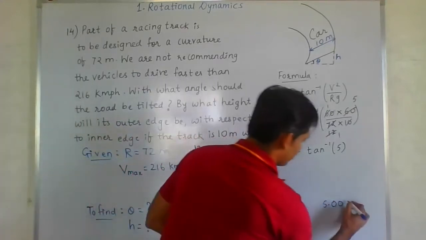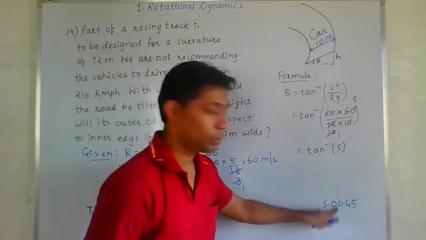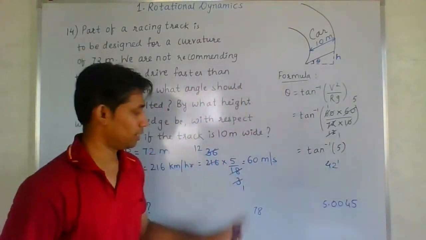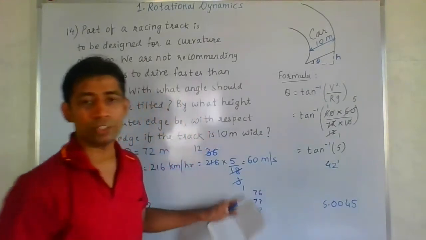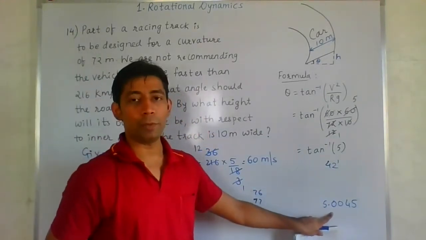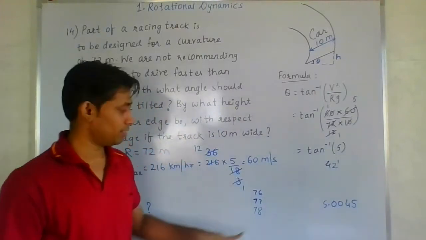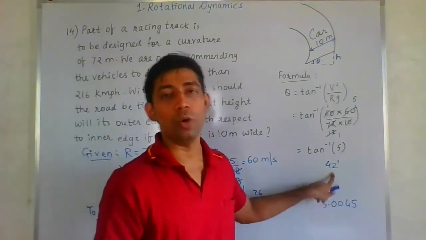To be specific, you will get 5.0045. Now from here, if you go to the top, it will say 42 minutes. This section is for angle; here the angles are 77, 76 and so on. So here we got 5.00. From that, the answer is 78 degrees and 42 minutes.